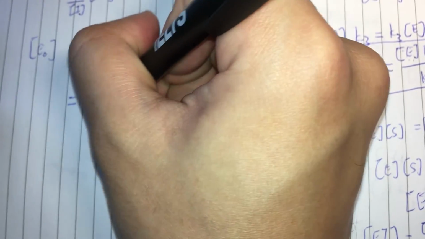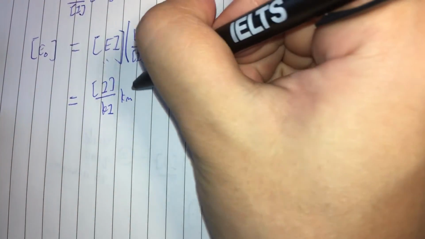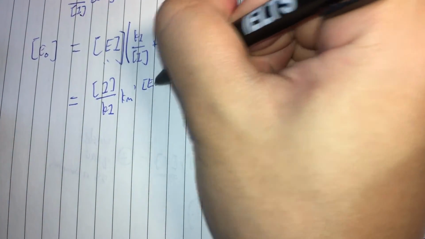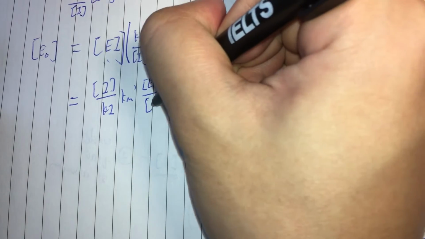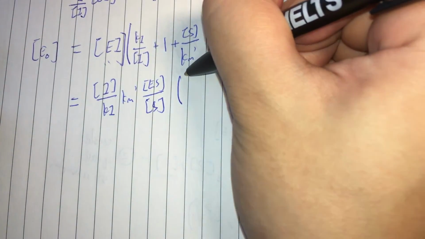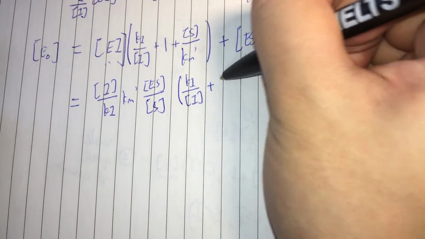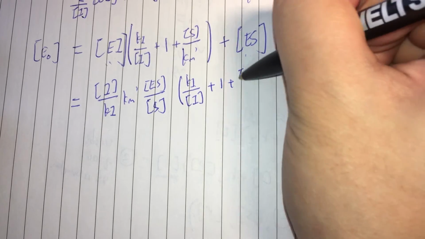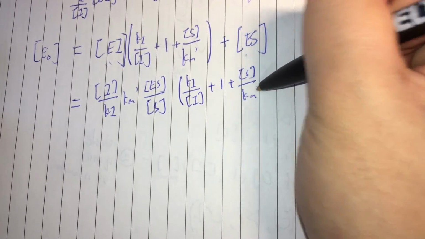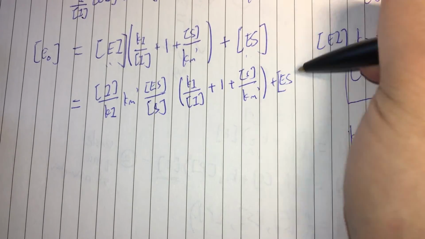So we'll have I over Ki, Km prime, and ES over S, okay, times Ki over I, concentration I plus 1, plus S over Km prime, plus ES, of course.